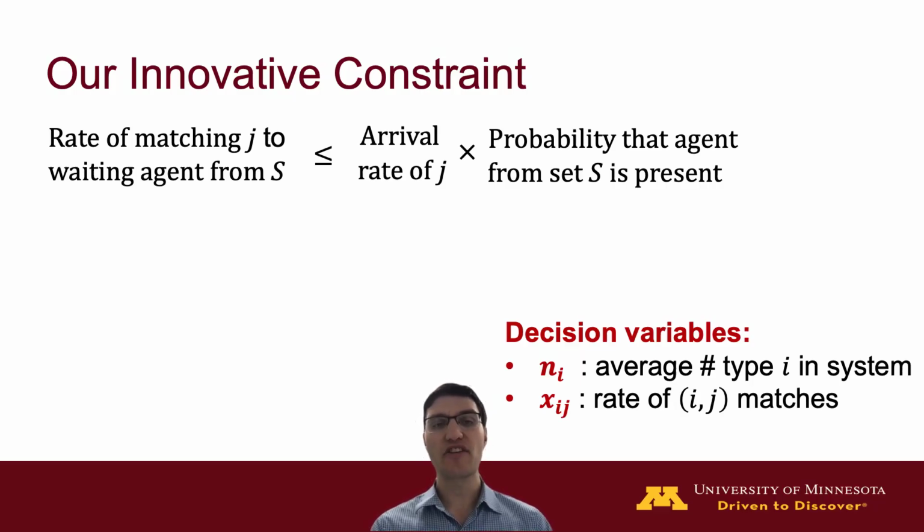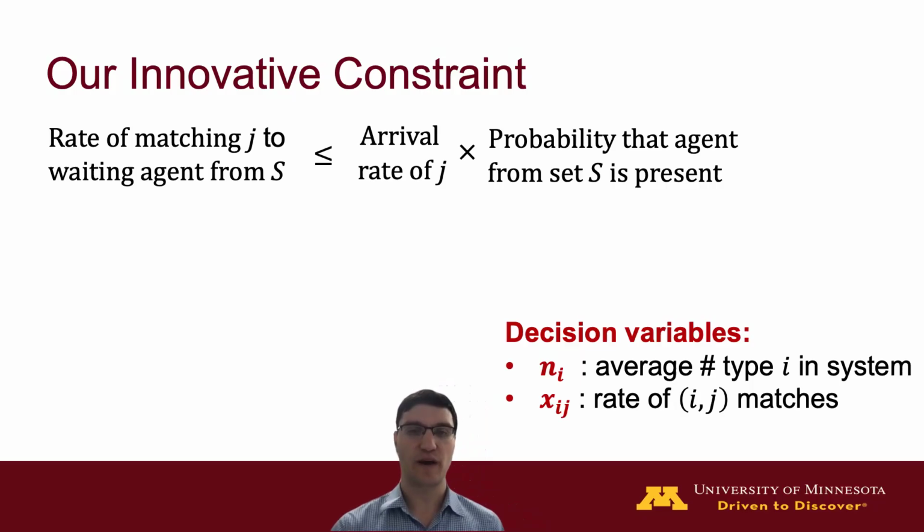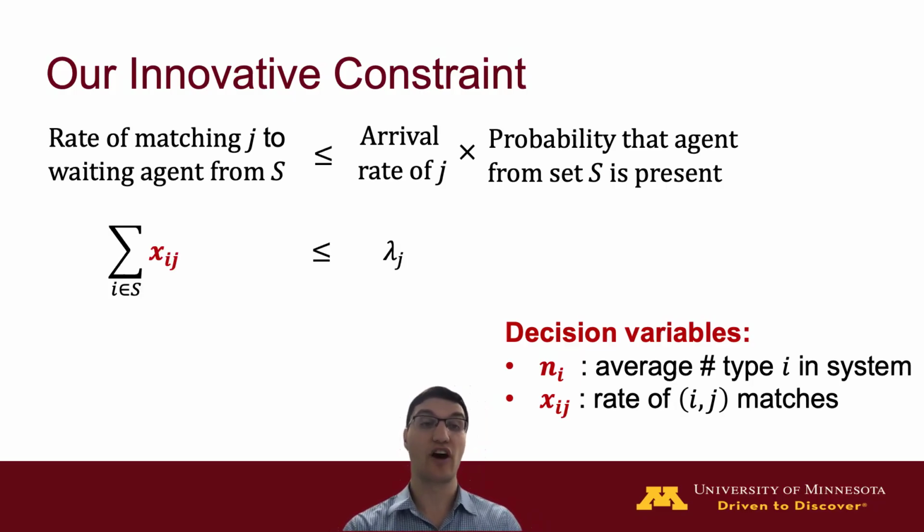Okay, now some of these quantities are actually easy to express in terms of our decision variables, right? So the rate of matching J to waiting agents from S, that's just going to be a sum over all I and S of Xij. The arrival rate of J, that's the primitive lambda J that we're given.